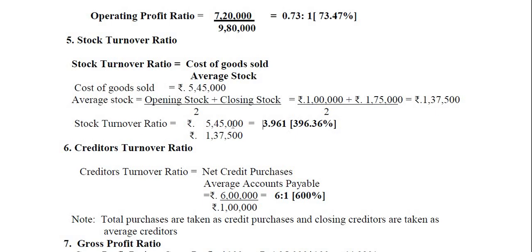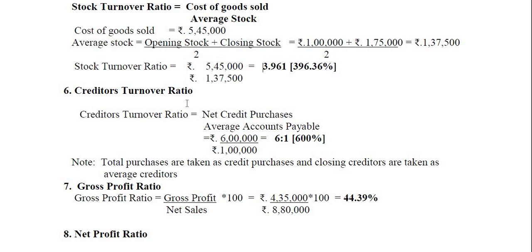So stock is converted into cash at the rate of 396%, or 3.96 times a year.